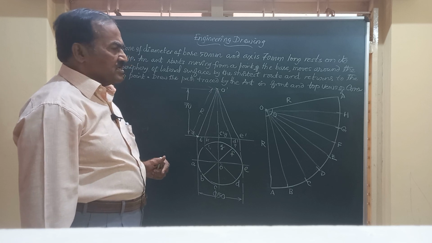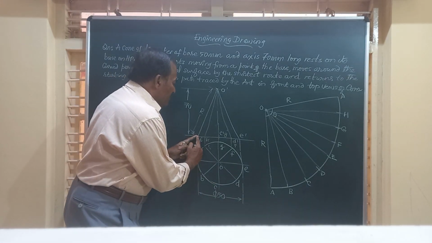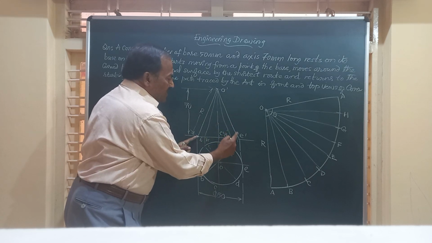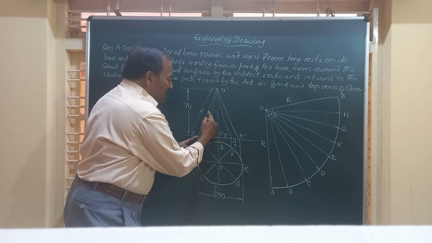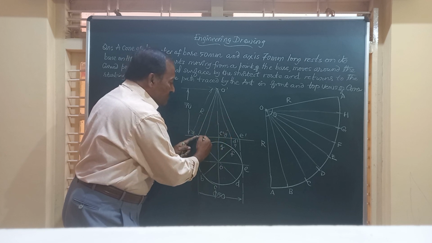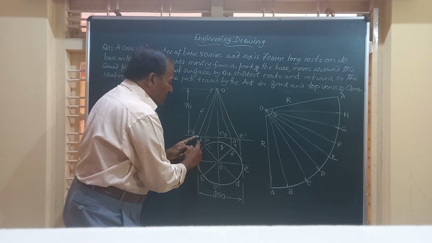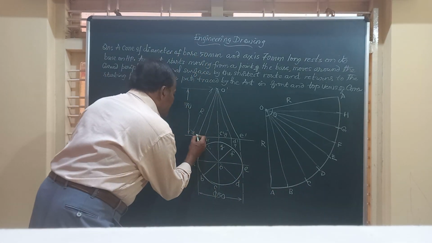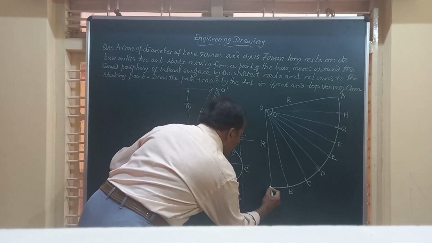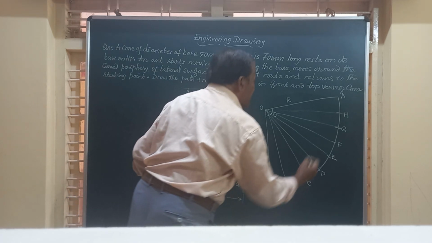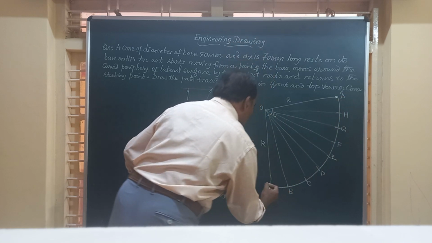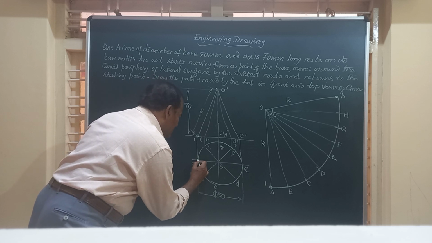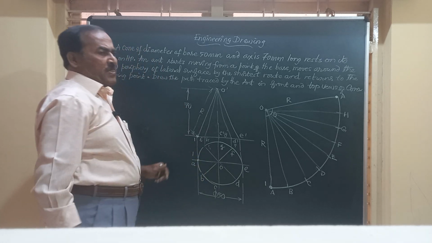So now, the ant which is starting from here will move along this periphery, reach the maximum height somewhere here, then move back in the same similar path on the other side of the cone and reach the point A. So to start with, let us say it is starting from the point A. I will mark point A here, and this is point 1, and again this is point 1 in the top view.